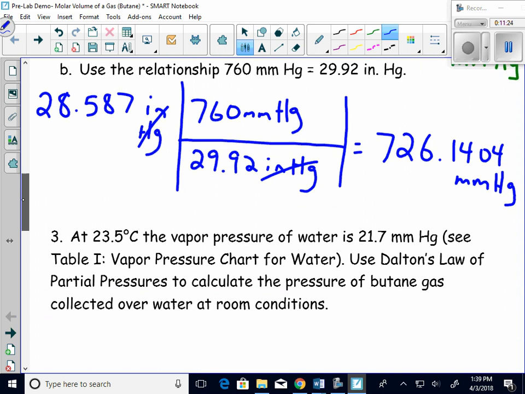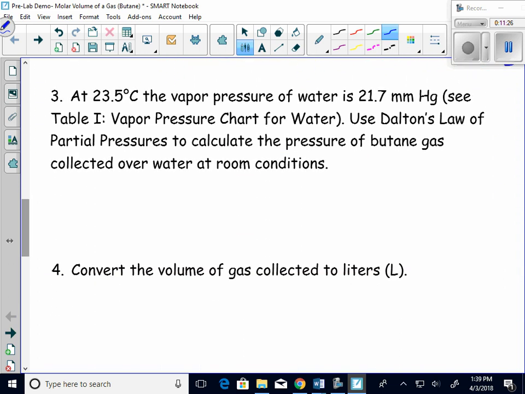Now, my next question, number 3, says, at 23.5 degrees Celsius, the vapor pressure of water is 21.7 millimeters of mercury. See Table 1, vapor pressure of water. Look at your chart.